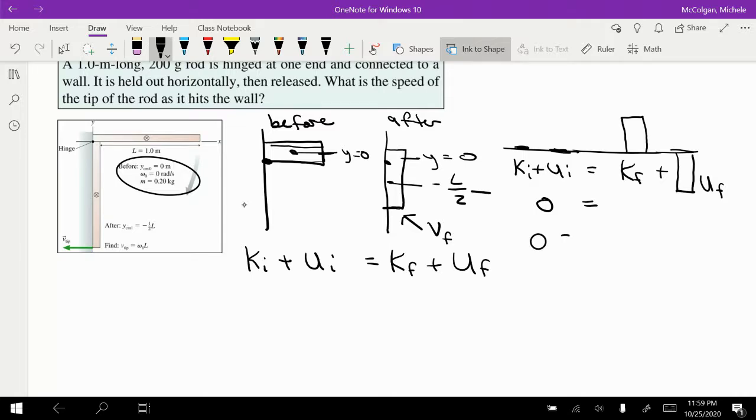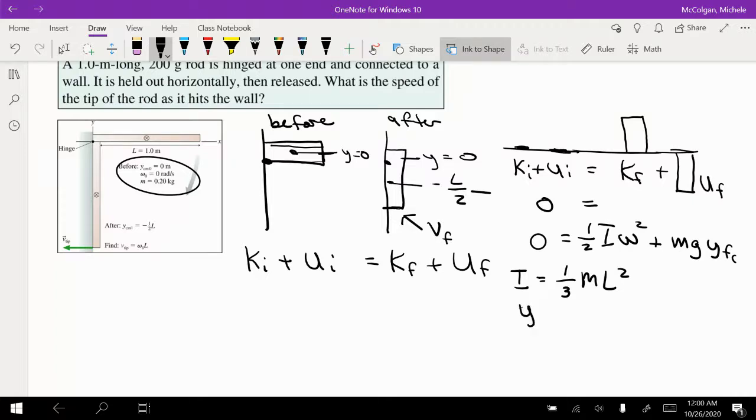So here we're going to have 0 is equal to our kinetic energy final, which is 1/2 I omega squared. That's our rotational energy because our rod is just rotating about this point right here. Plus our U final is going to be equal to mg y final for the center of mass. We know that I for a bar that's rotating about its end is equal to 1/3 mL squared.